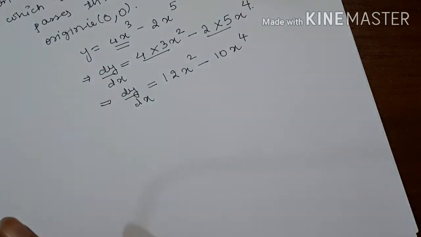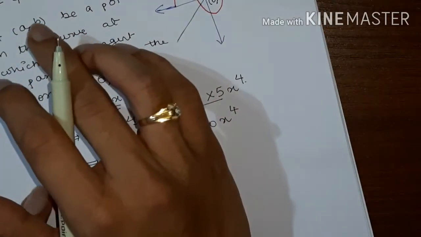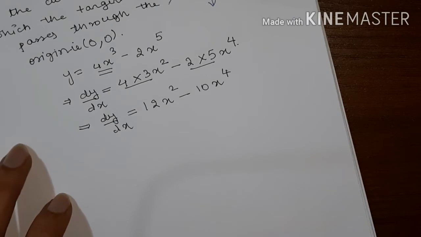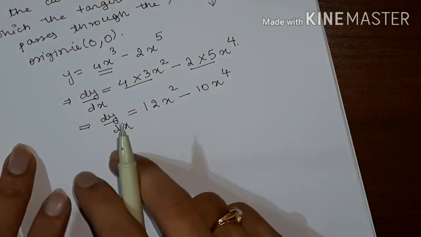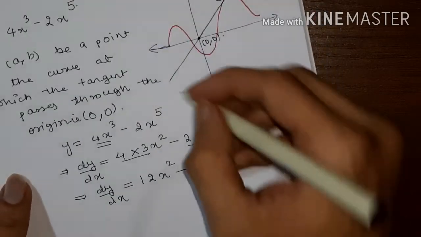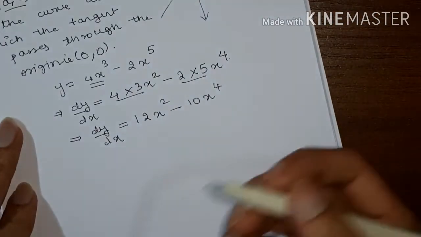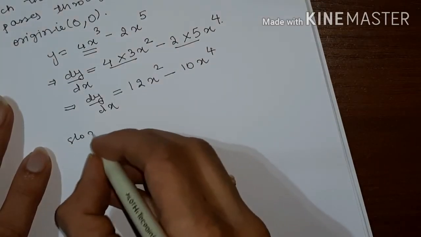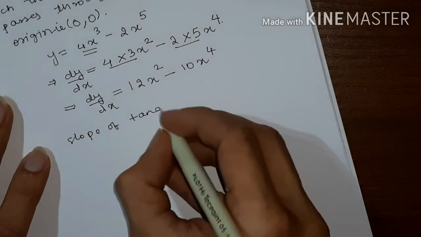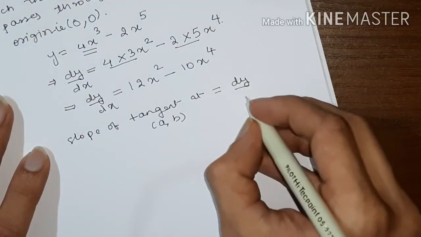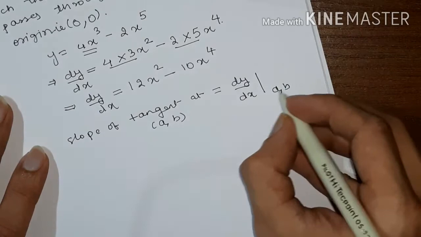Now we have to find this point a comma b, right? So what we can do is use the condition of slope here, because you have dy by dx. So by using dy by dx, you can look at the slope of the tangent at the point a comma b. Using that you will get one equation. So slope of tangent at a comma b is equal to nothing but dy by dx at the point a comma b.